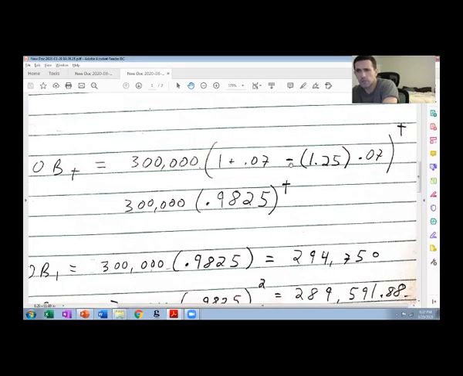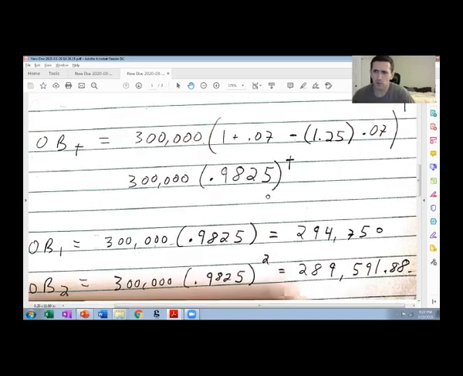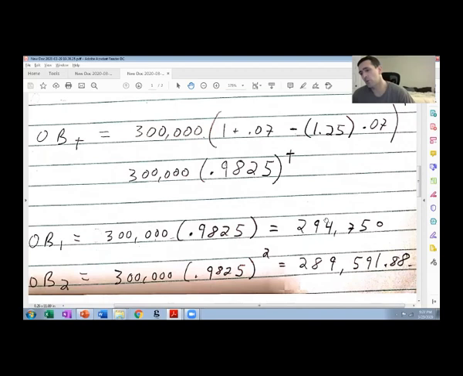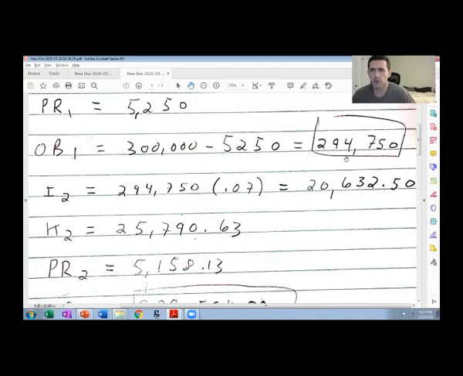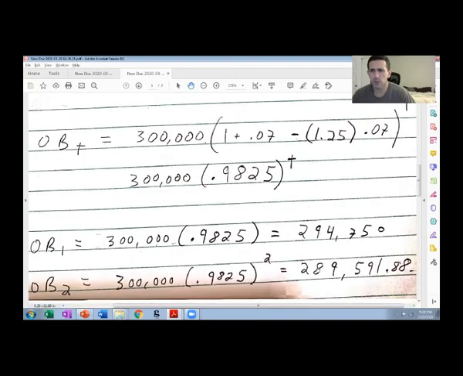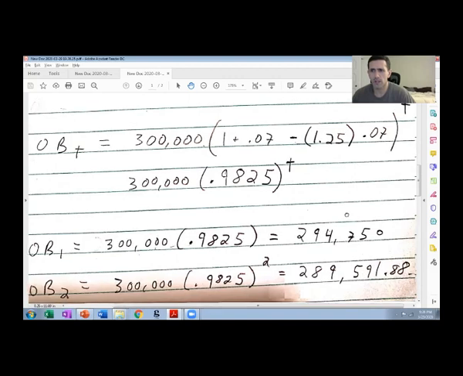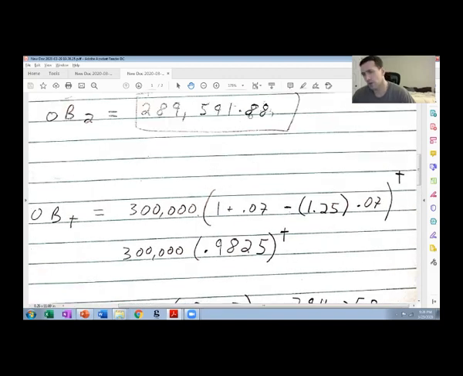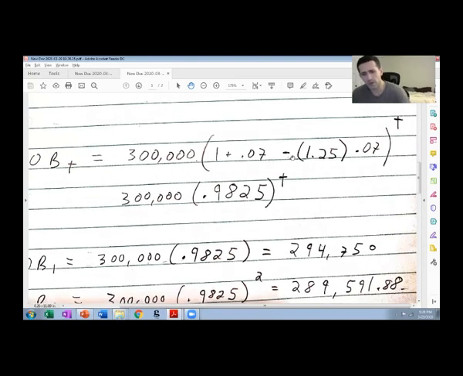So 300,000 times (1 plus J minus PJ) to the T, that's going to be 300,000 times 0.9825 to the T. Plug in T equals 1, and we get exactly what we had before, 294,750, which is OB1. And plug in T equals 2, you get 289,591.88.